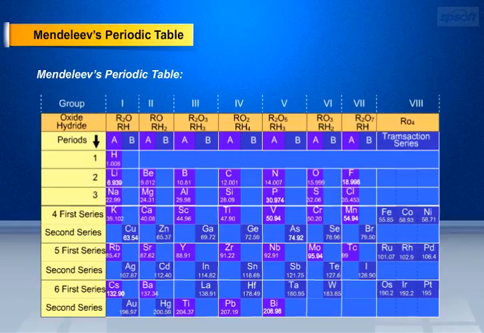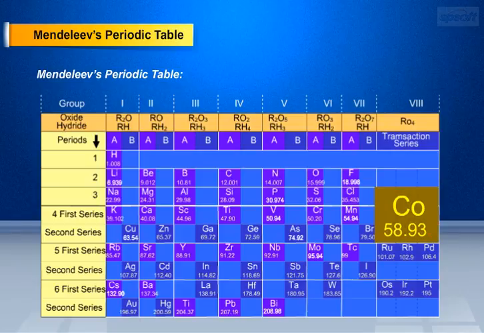They are grouped. For example, aluminium, atomic mass 26.98, is placed before silicon, atomic mass 28.09. Vanadium, atomic mass 50.94, is placed before chromium, atomic mass 52.00.